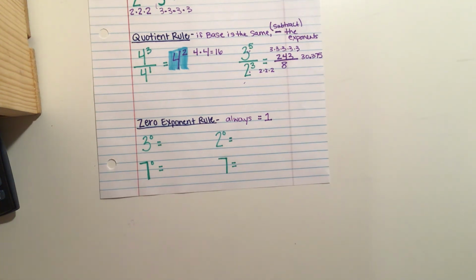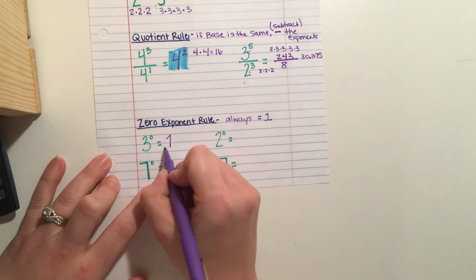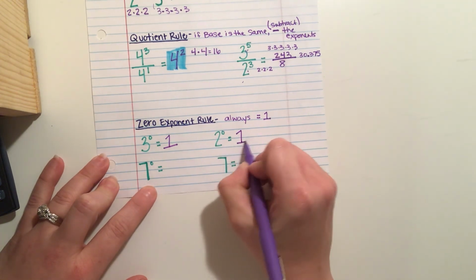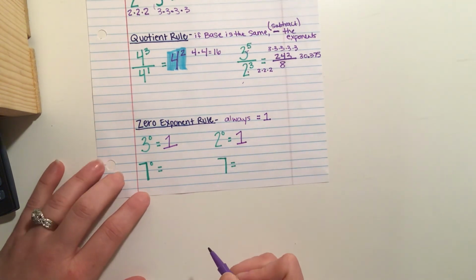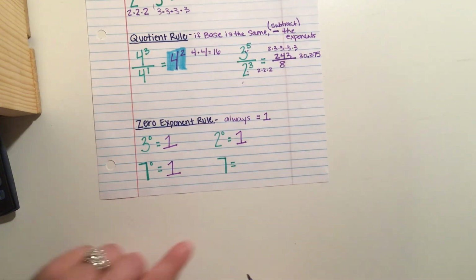Anytime you have 0 as an exponent, your entire problem changes to a 1 for that section of the problem. So 3 to the 0 power, 1. 2 to the 0 power, 1. This is the easy rule. 7 to the 0 power, 1.